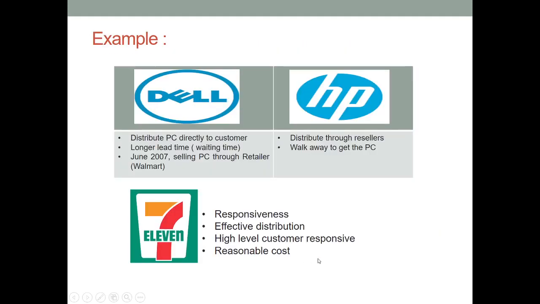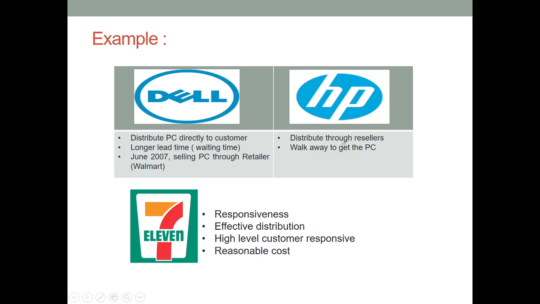Taking an example here, between Dell and HP. From here we can see that for Dell, the strategy of distribution is to distribute the PC directly to the customer. They don't need a retailer or a distributor; they straight away send all the products to the customer. While HP, the competitor, distributes through the reseller.